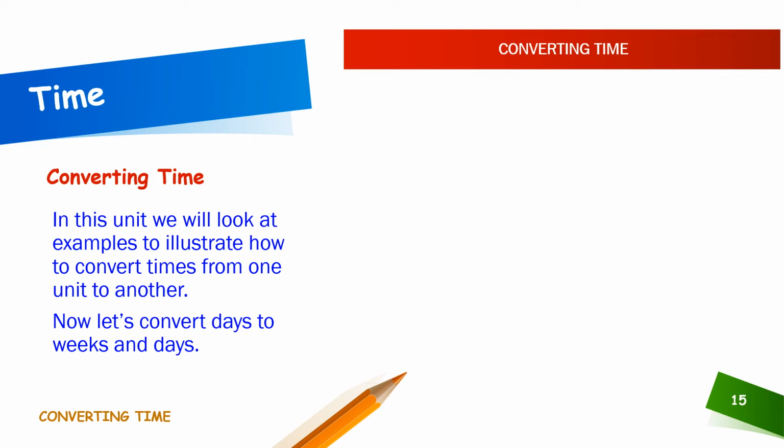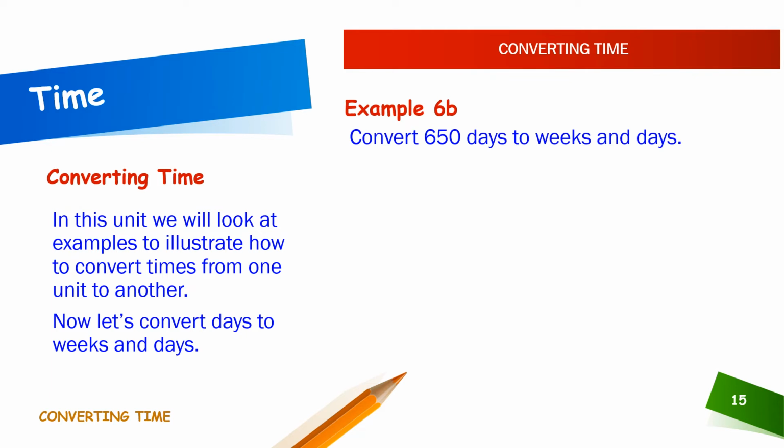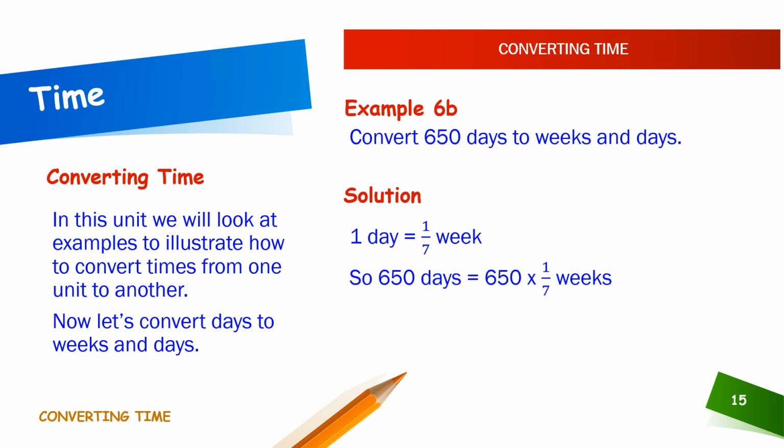Now let's look at another example. We're going to convert days to weeks and days. Pause the video and have a go at this example. Press play when you're ready to view the solutions. We're required to convert 650 days to weeks and days. So let's solve this. Now 1 day equals 1/7 of a week.